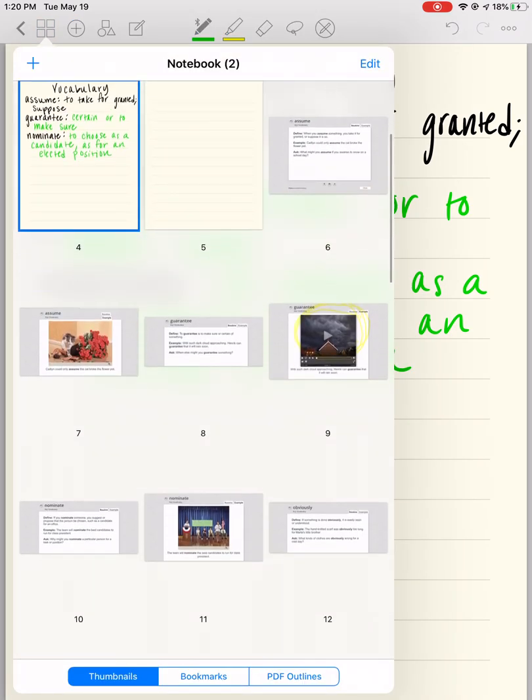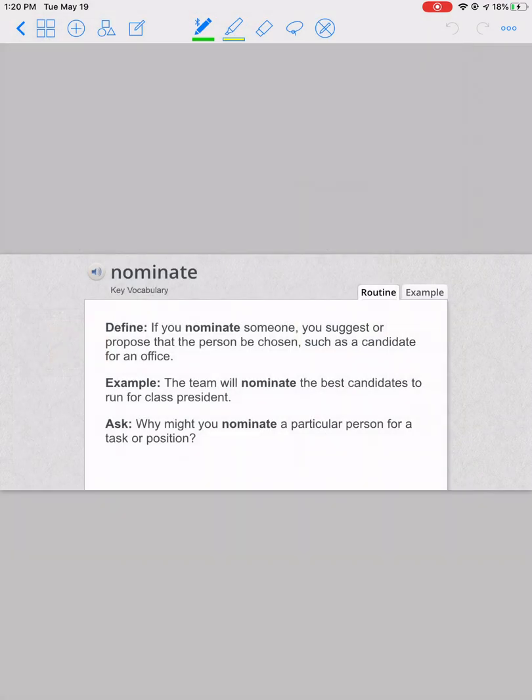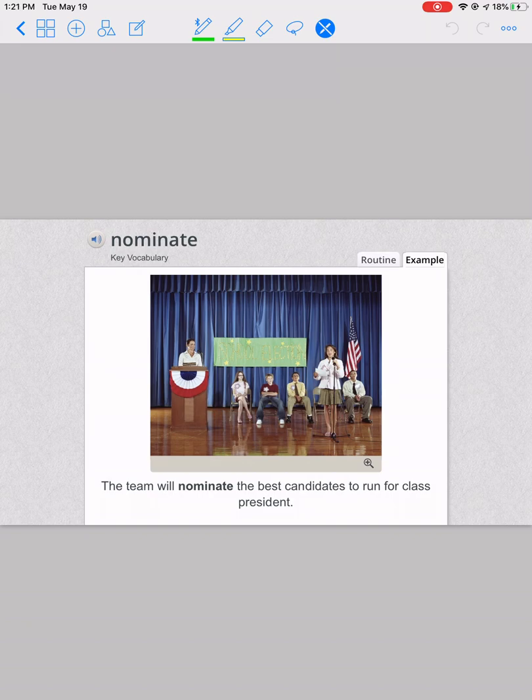If you nominate someone, you suggest or propose that the person be chosen, such as a candidate for office. In the example we're going to see, the team will nominate the best candidates to run for class president. So all of these guys were the best candidates, and they're all nominated to run against each other. Because they were nominated, they can run for class president.